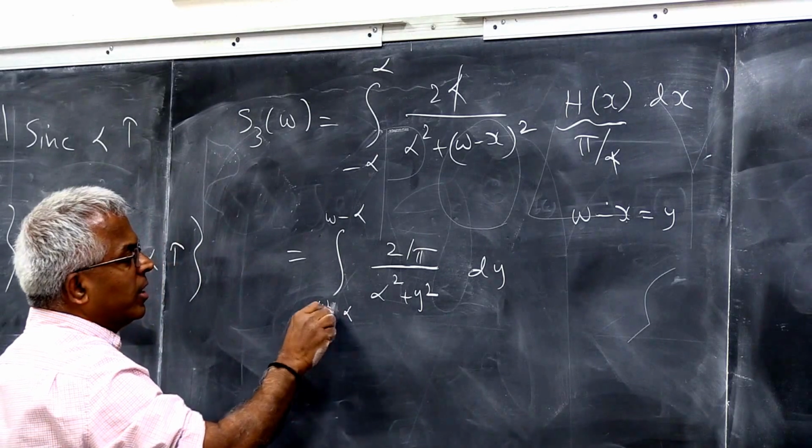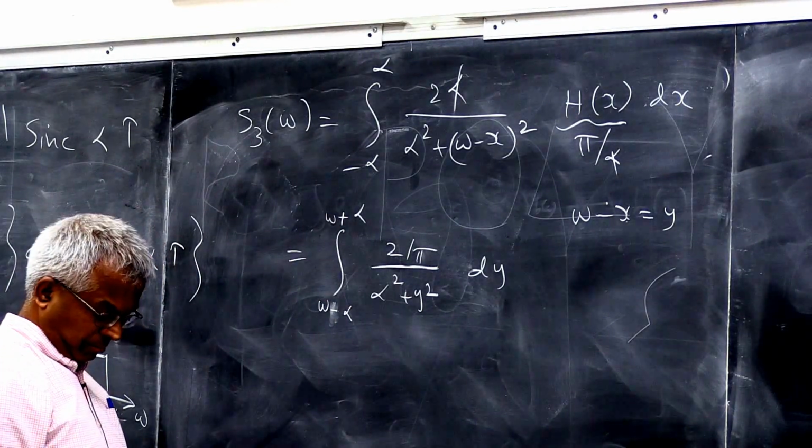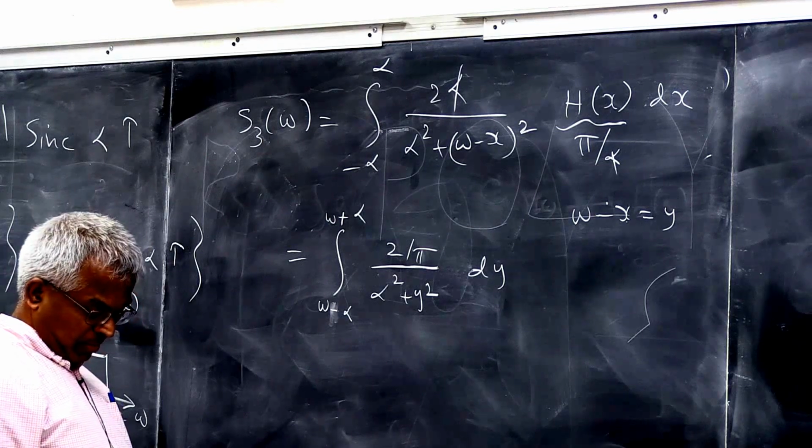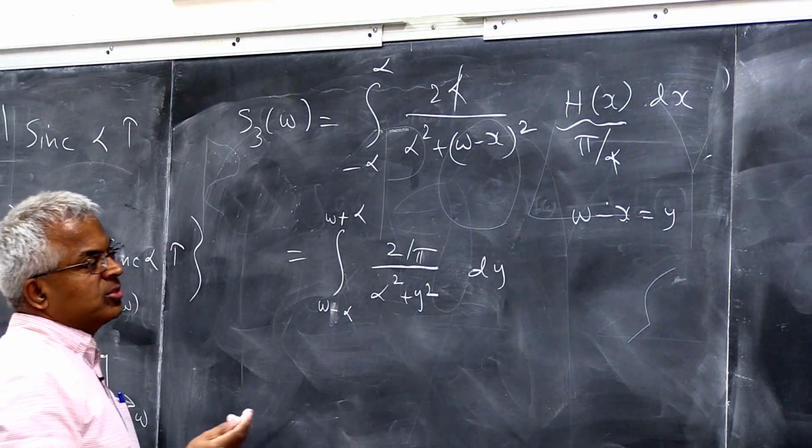So these limits will again flip and it will become like this, right? That much is correct.